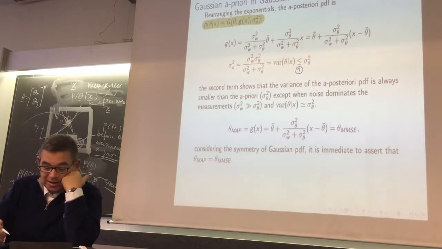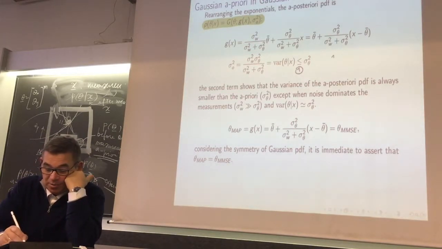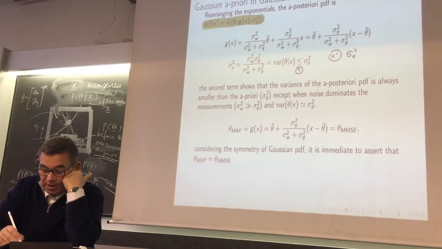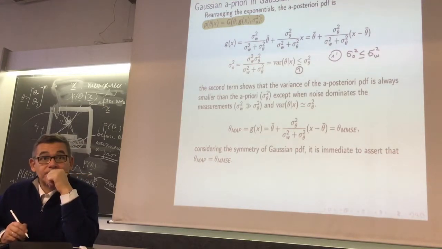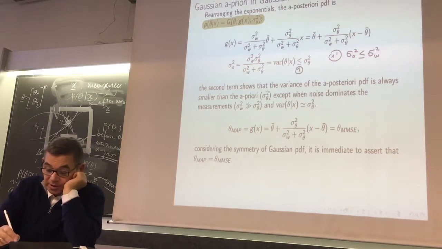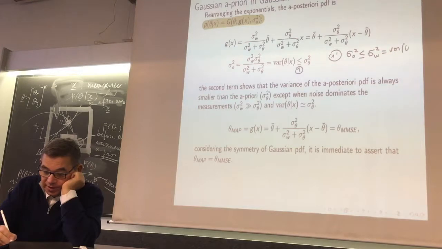So, I mean, looking at this one as another property. The other property, let me say 1 prime, is that sigma 0 square is also smaller or equal than sigma w. And sigma w is the variance of theta at maximum likelihood.